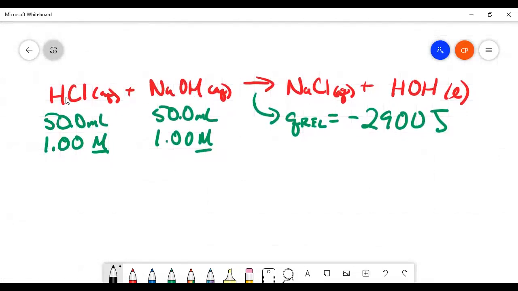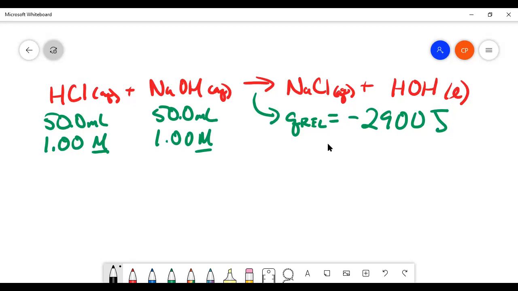Like I said, hydrochloric acid and sodium hydroxide possess something that when they are combined releases heat as the reaction goes forward. That something that they possess is what we're going to term enthalpy.